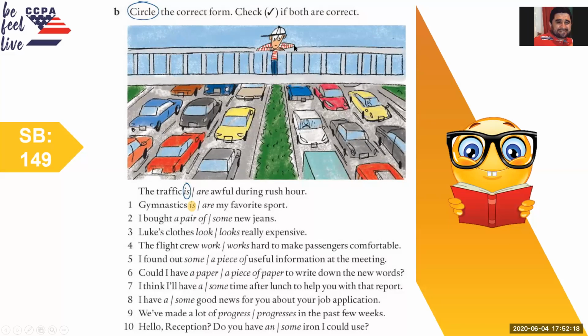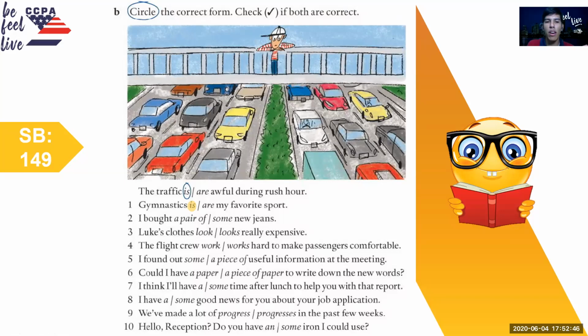Fair Irala. Okay. Wants to participate. Perfect, Fair. Number two. I bought a pair of new jeans. Okay. That's the only way we can say?